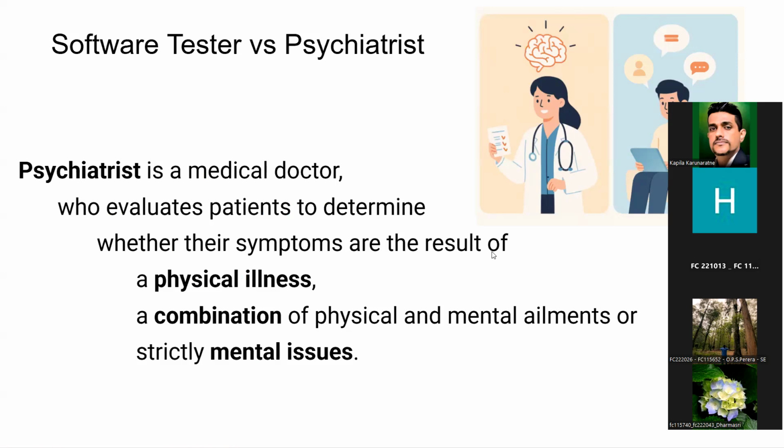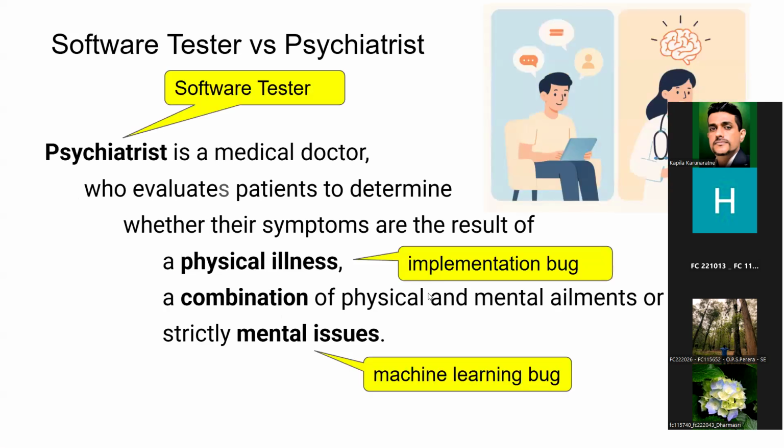If you look at doctors, they have two different types: psychiatrists who treat mental illness, and physicians who treat physical illnesses. Until now in software testing we had only physical defects, defects within the code. But with AI, now we have defects within the data. Without code, there might be defects. So as a QA engineer, we have to identify both, physical and mental defects. So the role is becoming very tough now, right?